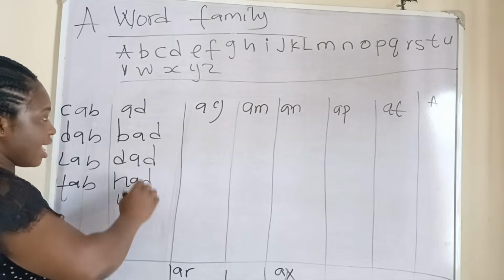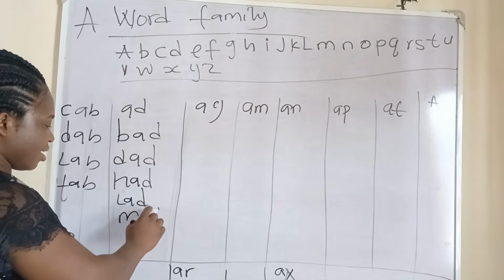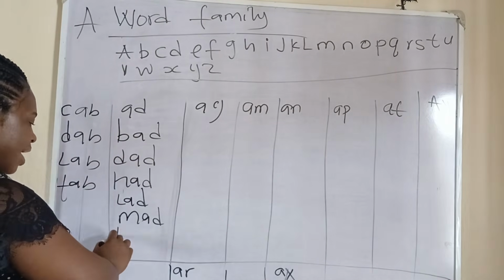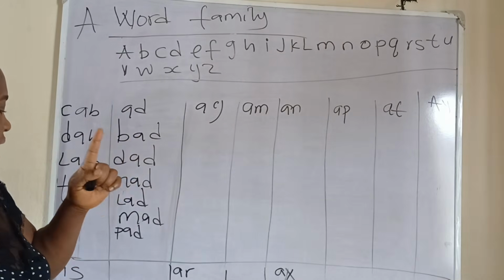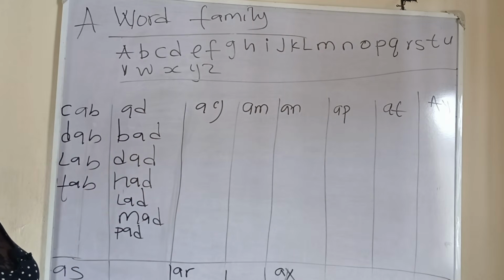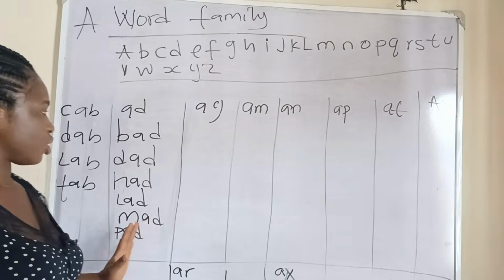All right, and to M we have mad. Okay, we move to N, O, P, we have pad, and to R, S, T, U, V, W, X, Y, and Z. So this is what I get.